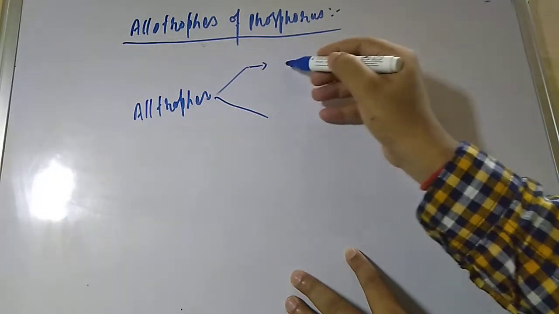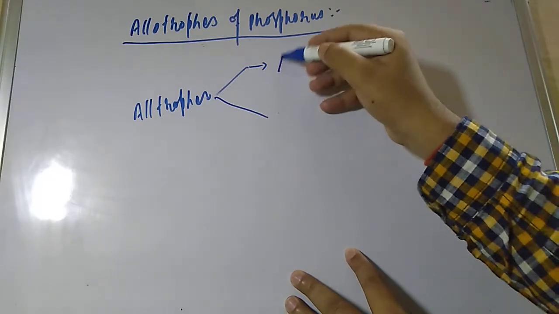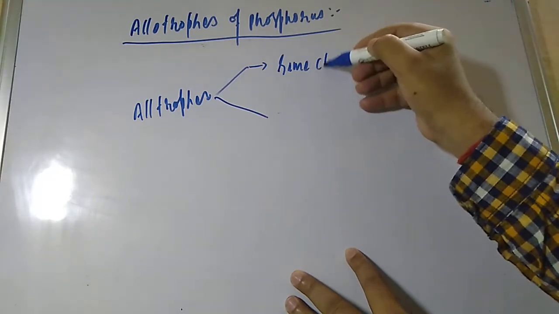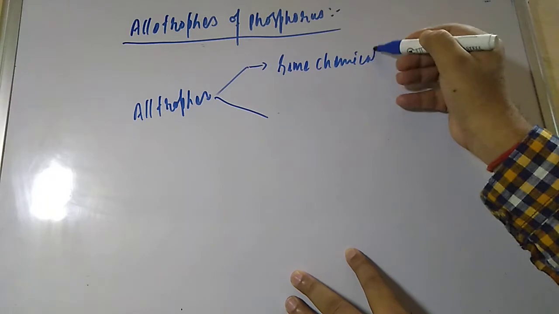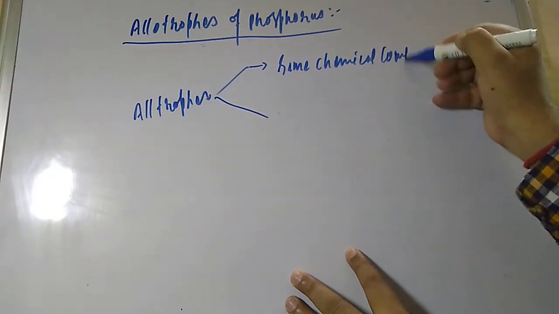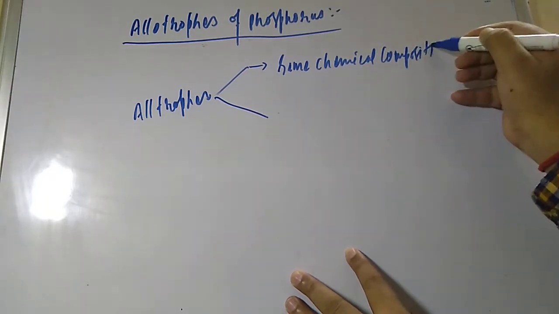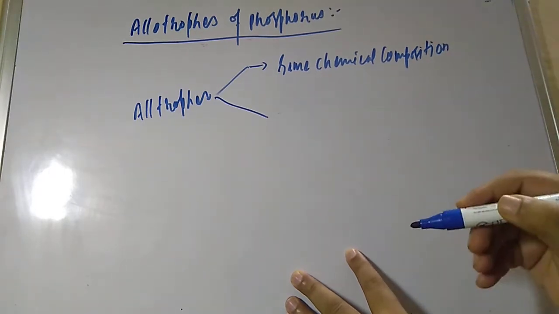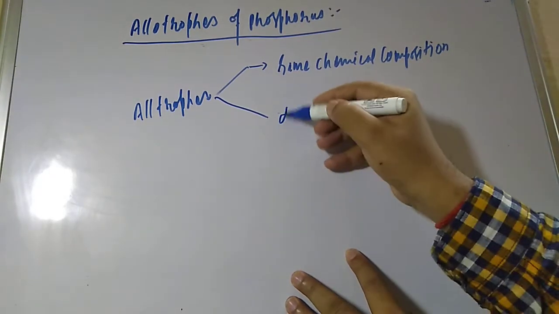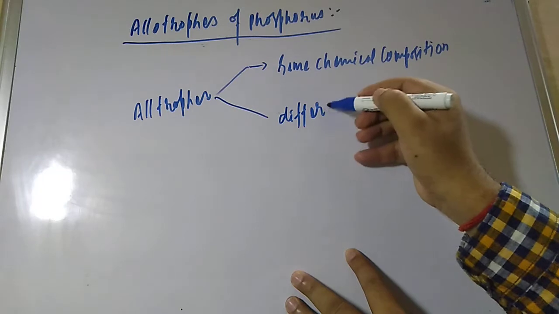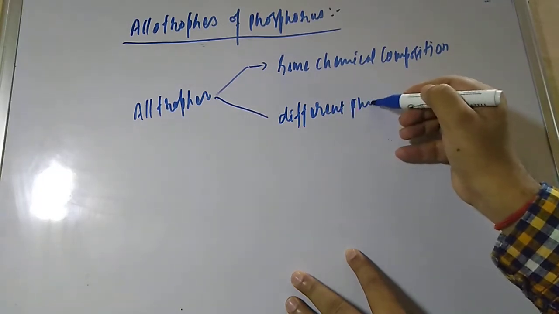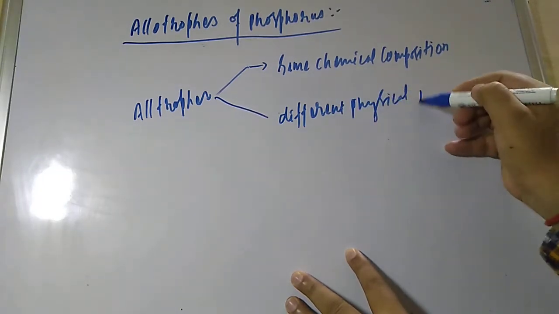First meaning: same chemical composition. This is the first thing. And different physical properties.